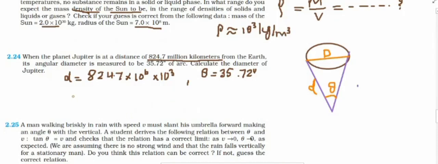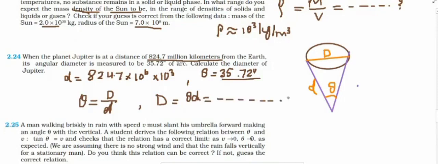So again, use the formula. Theta is equal to capital D, diameter, divided by small d, according to our diagram. Cross multiply the equation, diameter of Jupiter is equal to theta into d. Substitute the values here. Theta also, first of all, you have to convert into radian. Then you have to substitute here to get the final answer.